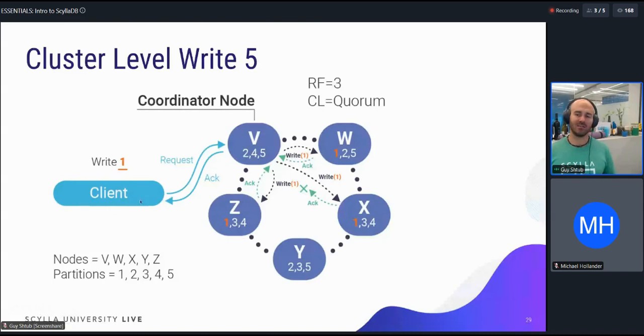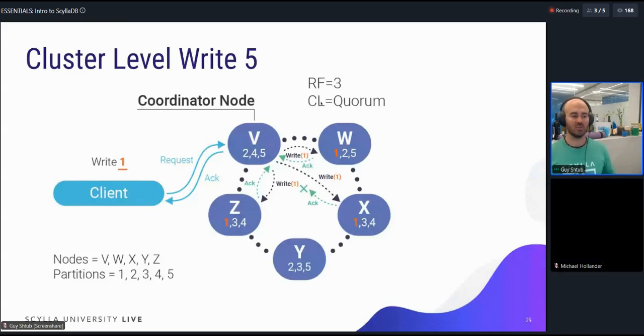Now, in this exact same example, if we had a consistency level of all or of 3 instead of quorum, then the write would fail and node V would not return the acknowledgement to the client, and the client would have to either retry or try to do something else.